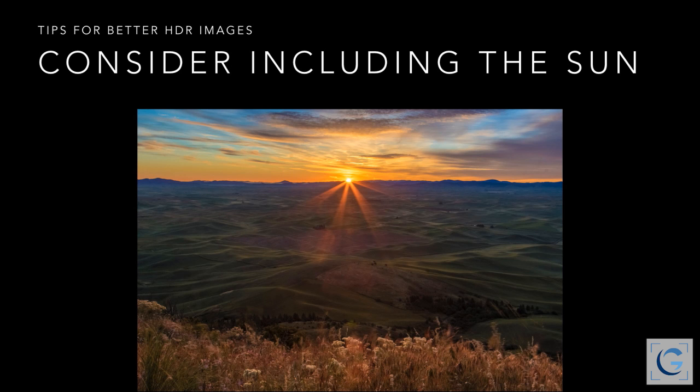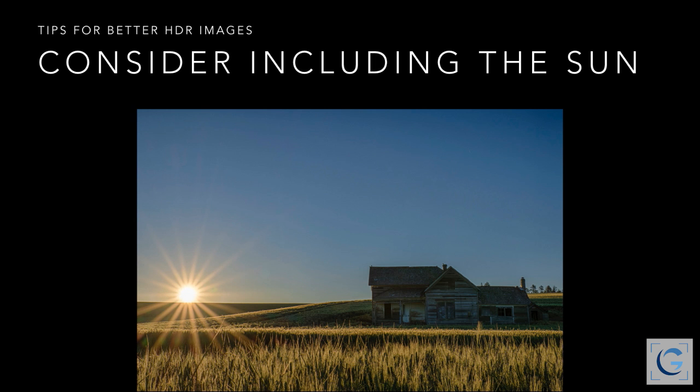That would call for an extremely dark exposure, and frankly, you don't need that level of detail, at least with a kind of normal scene that includes the sun within the frame. But by including that sun in the frame, you can add an extra dynamic element. And again, I think it provides a good example of a situation where it doesn't need to look like an HDR, like a bad HDR in any event.